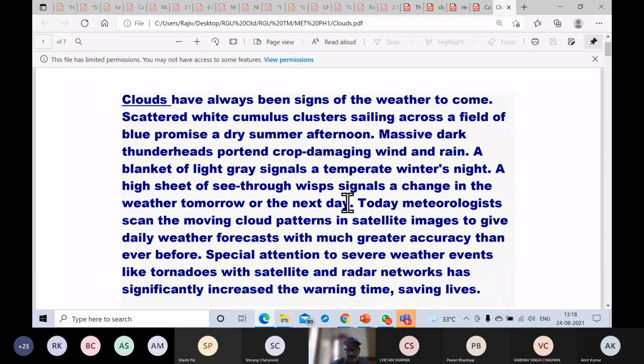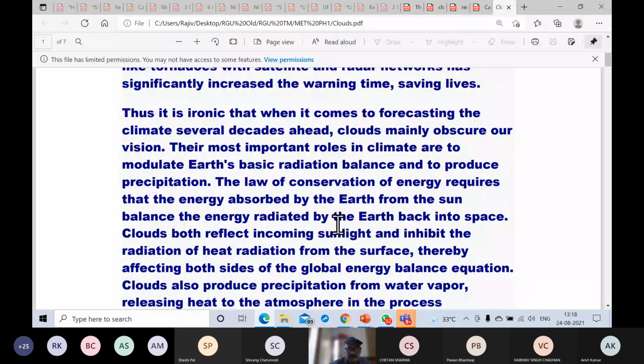So what is happening here is that when it comes to forecasting, clouds do play a part in weather forecasting. And why it is so is because clouds play a part in radiation hazard, meaning blocking radiation from the sun and then also blocking radiation from earth back into space.